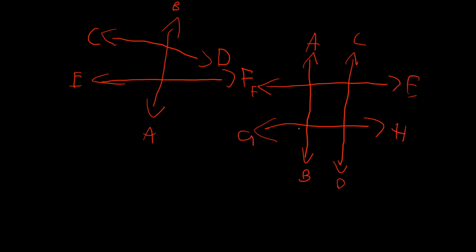Now let's see what is a transversal line. There are many options here. AB can be a transversal line, CD can be a transversal line, FE can be a transversal line, and GH can be a transversal line because all of these cross through two lines, either AB, CD, or FE, GH.